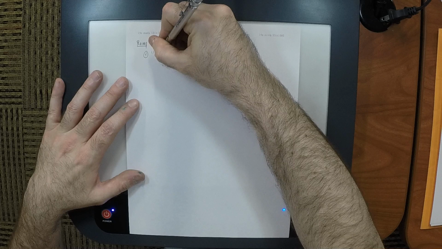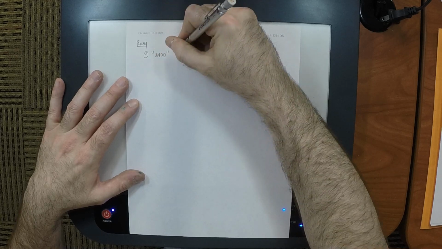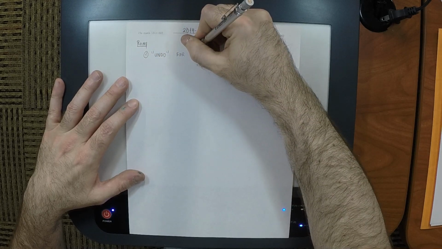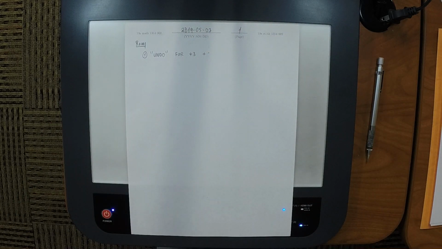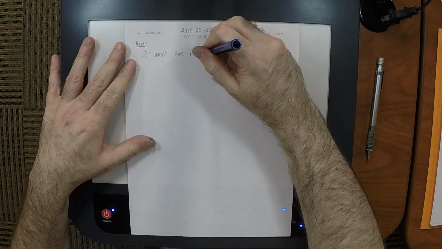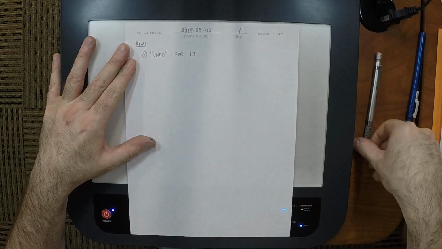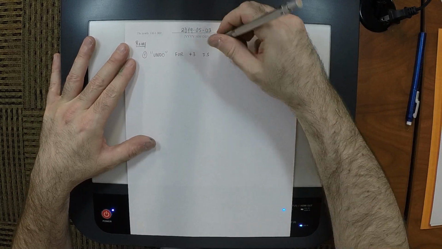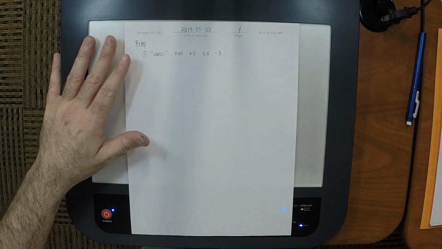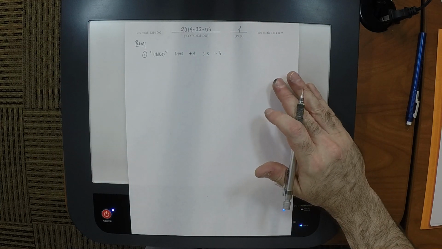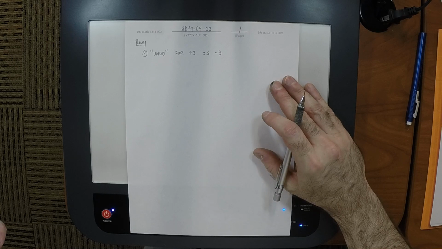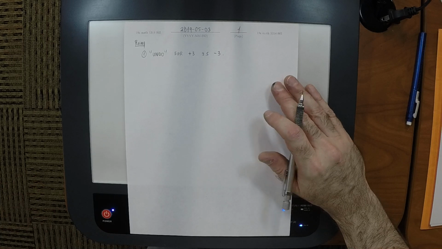So the undo for add 3 is subtract 3, in the sense that if you had some number and you added 3 to it, then you could get back to the original by subtracting 3. All right.